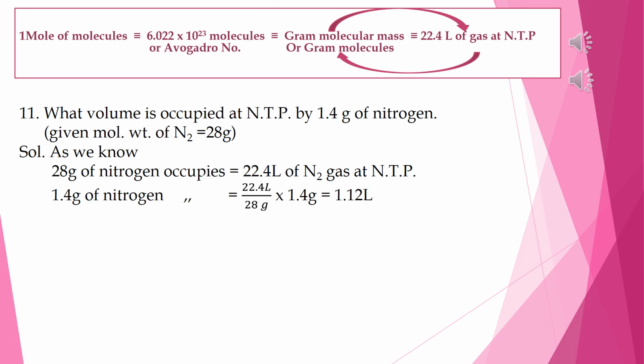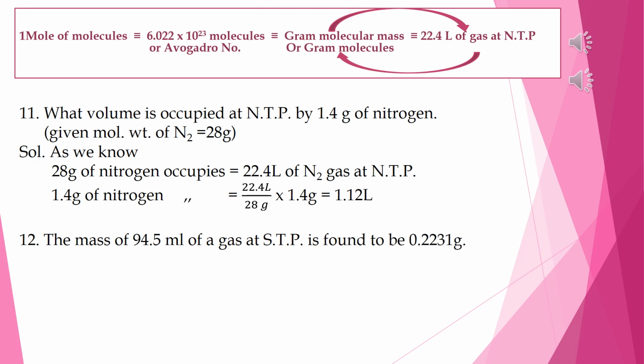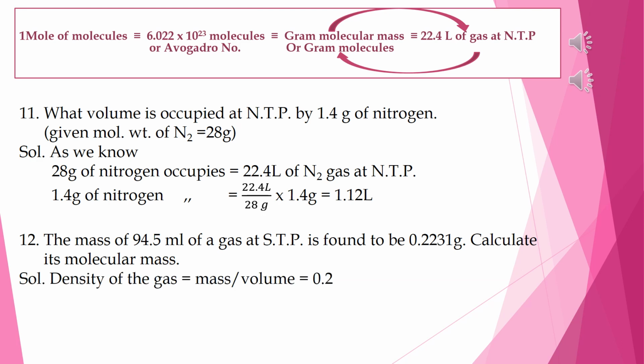The next numerical is: the mass of 94.5 ml of a gas at STP is found to be 0.2231 gram. Calculate its molecular mass. In this numerical, we have to find out the molecular mass, which is not given. As we know, density of the gas is mass upon volume, so that is equal to 0.2231 divided by 94.5.